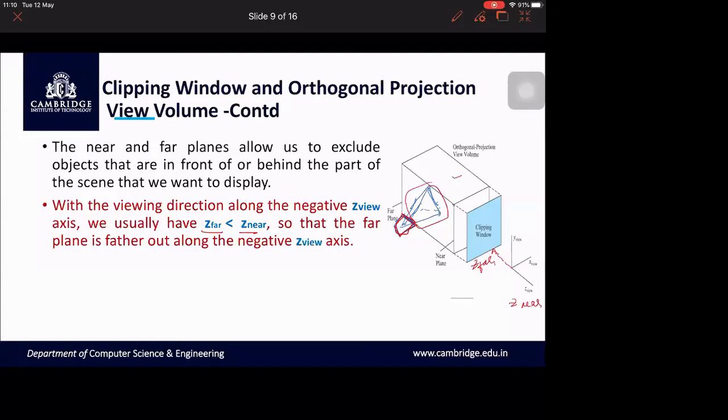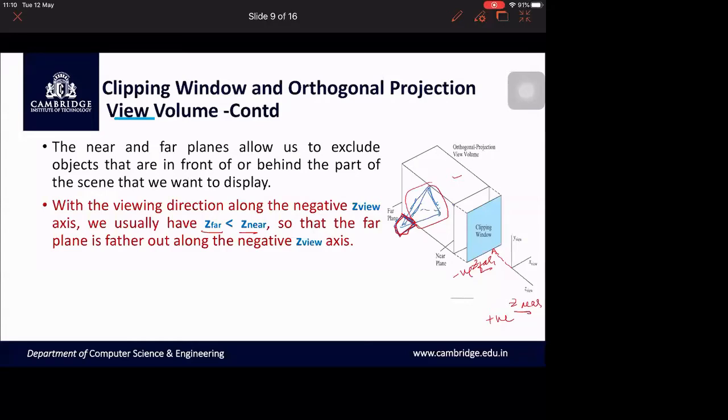So they say z far is less than z near. That means z near will be positive and z far will be negative values, because it is a right-handed system. If you keep it, you can see your z-axis is towards you. So towards you is positive, away from you will be negative.